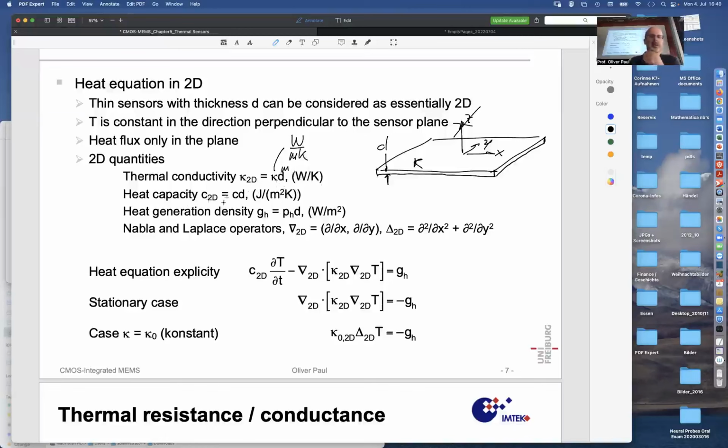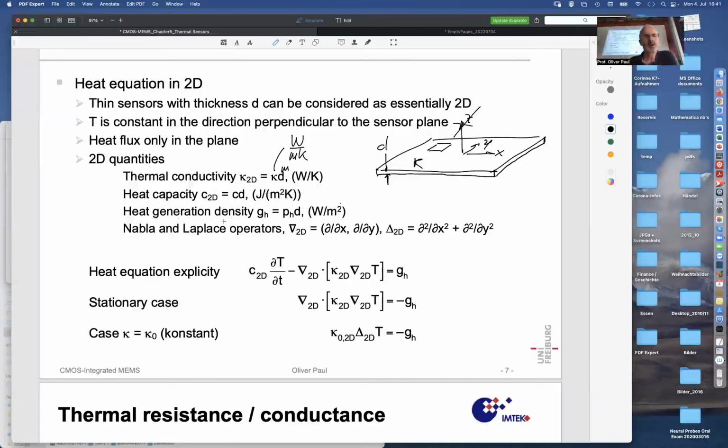And then heat capacity is no longer an object that has units joule per cubic meter per Kelvin, but you can then say, we have some area, and it's joule per area of that material per Kelvin, because the thickness is given anyway.